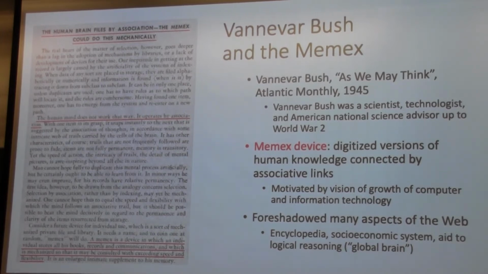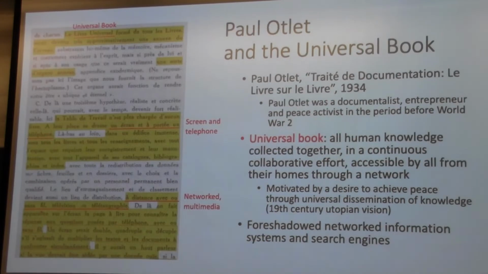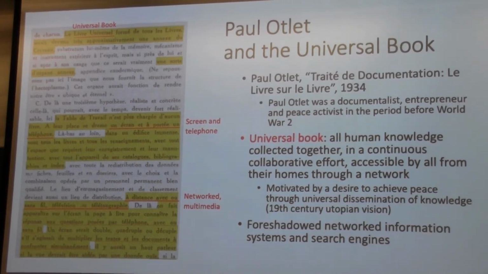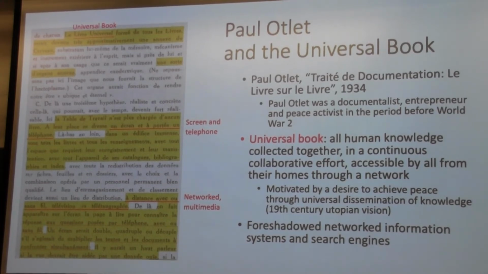But Vannevar Bush is not the first person to imagine the web. As far as I know, the first person is a guy named Paul Otlet. This guy was a documentalist. He was an entrepreneur. He made large organizations. He actually made a physical form of the internet using libraries as the nodes and telegraph connections as the network in the 1910s and 20s.